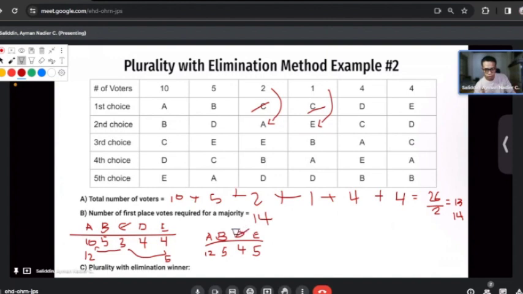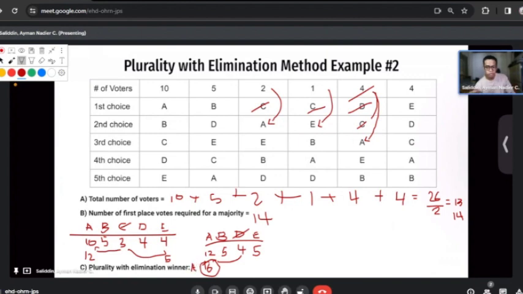This time we're going to eliminate D because D has the lowest. Since C has been eliminated, we are not going to give it to C, but instead we're going to give it to A. So the 4 right here goes to A. Now we have 16, which is obviously more than half. And the plurality with elimination winner is candidate A.